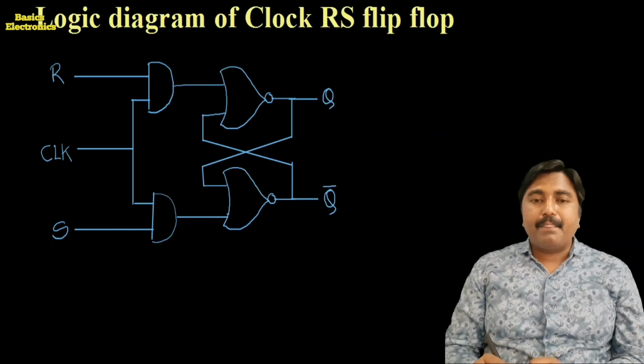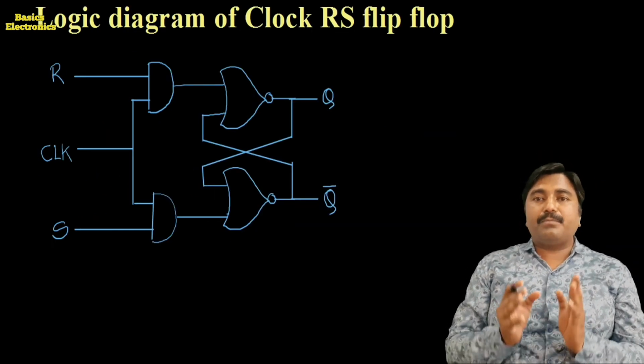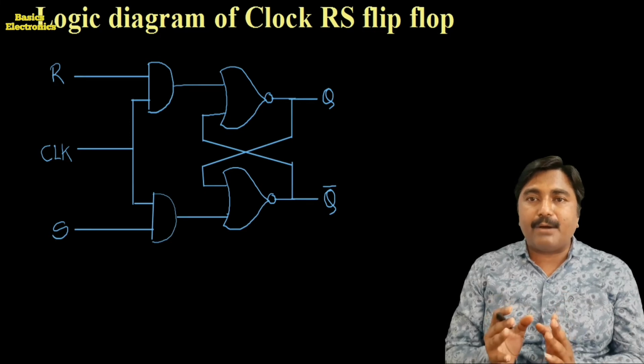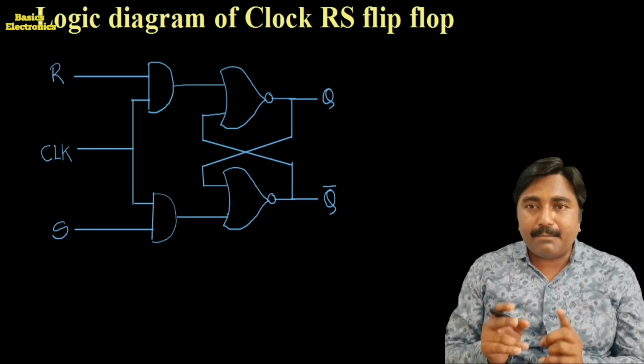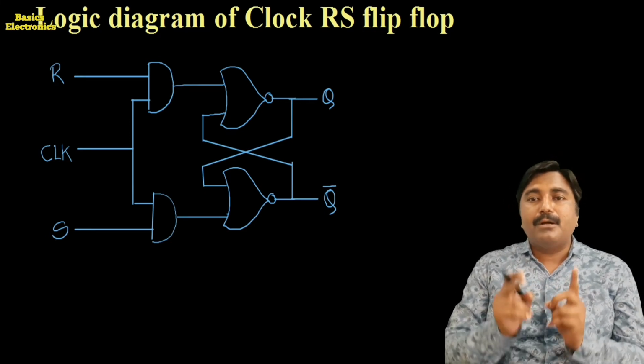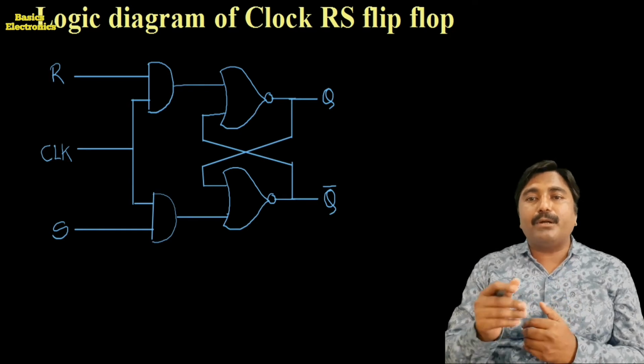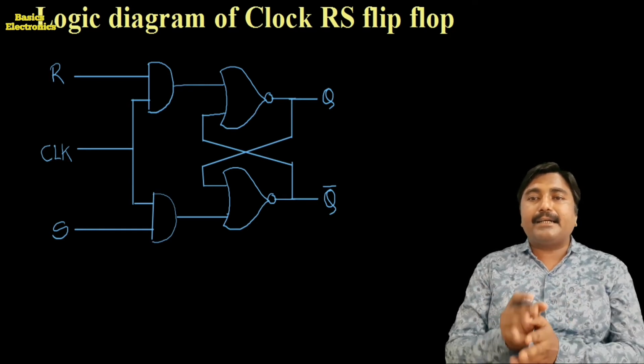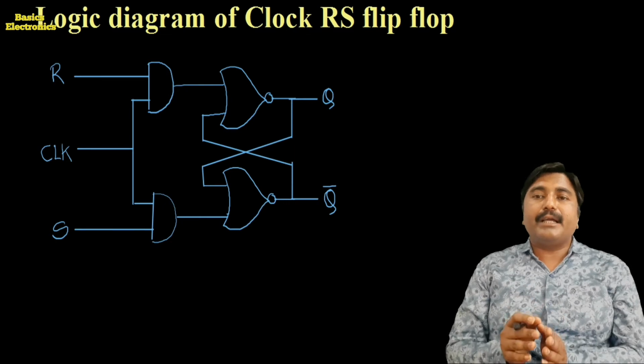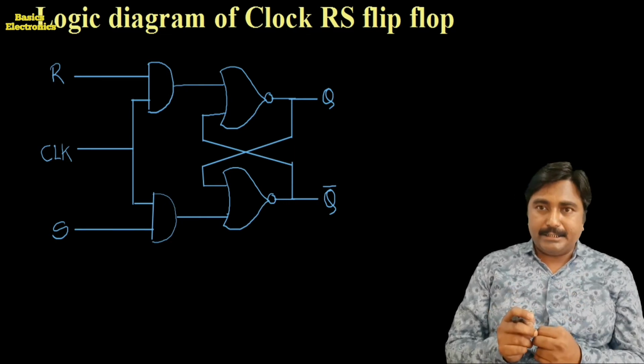We have here the logic diagram of the clocked flip-flop, using the NOR gate. But before going towards the working and the construction, we have to see the two output conditions.